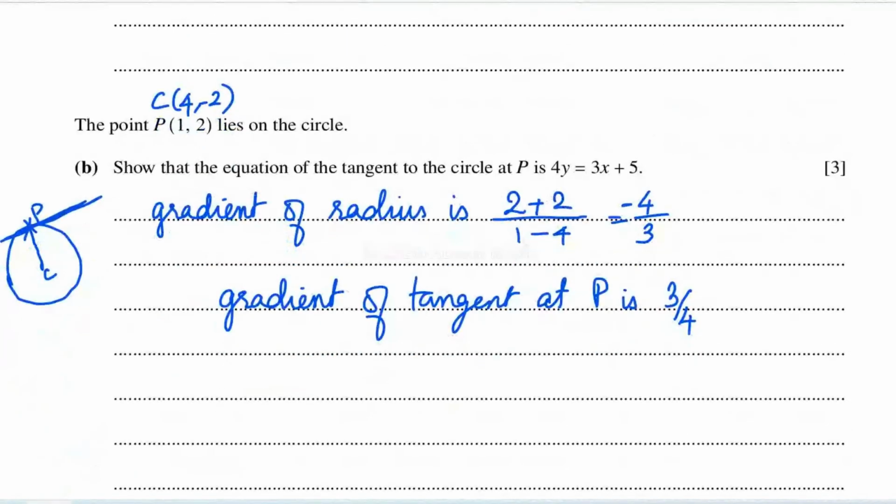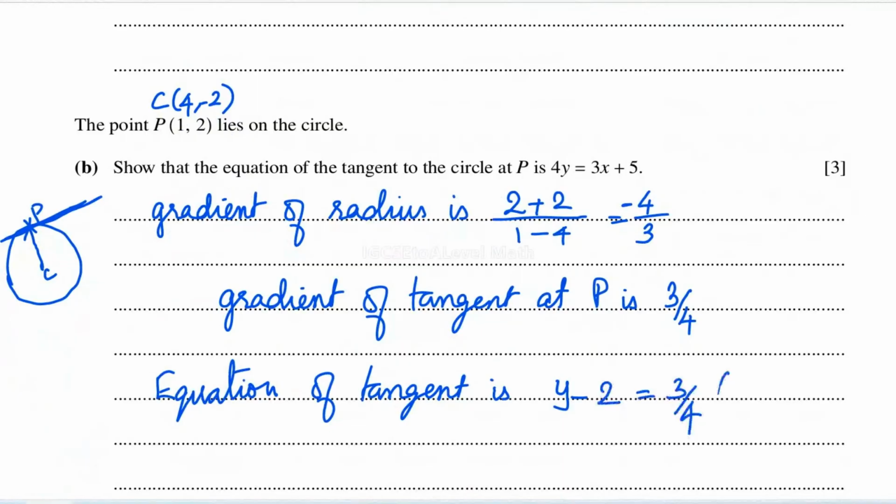So let's write what's the equation of the tangent. Y minus y1. So for that we will take the value of P, which is 2. Y minus 2 equal to, the gradient is 3/4 multiplied by x minus, the x coordinate of P is 1.